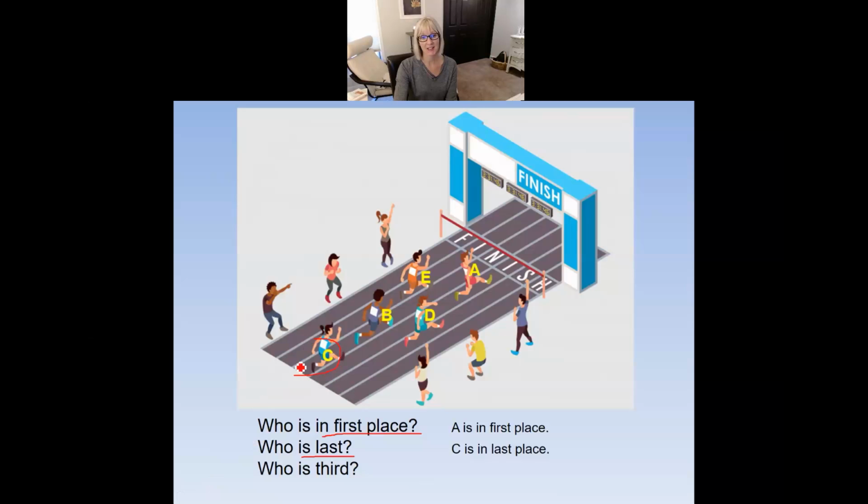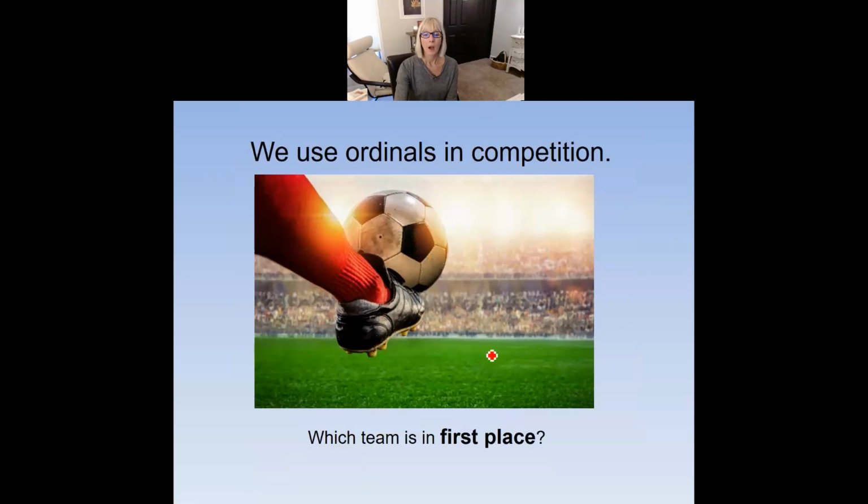C is last. And who is third? D is in third place. Sometimes we wonder which team is in first place. Which team is in first place? There are big competitions, World Cup soccer. Very exciting to see which country will be first.